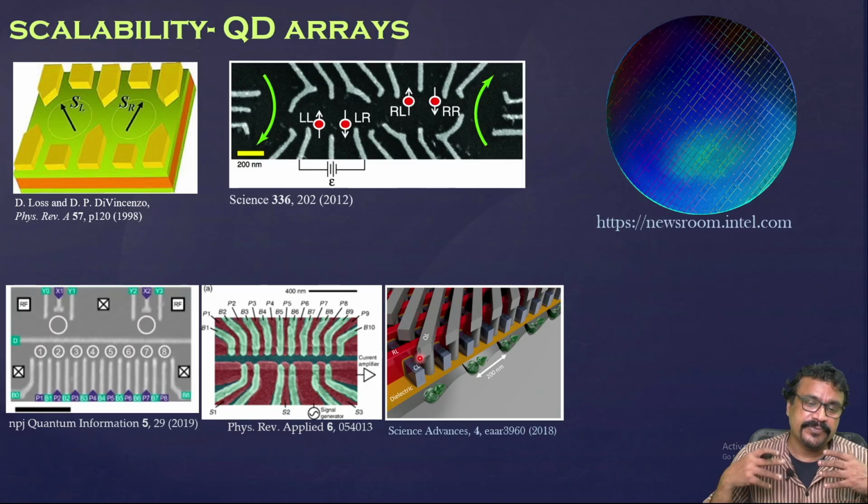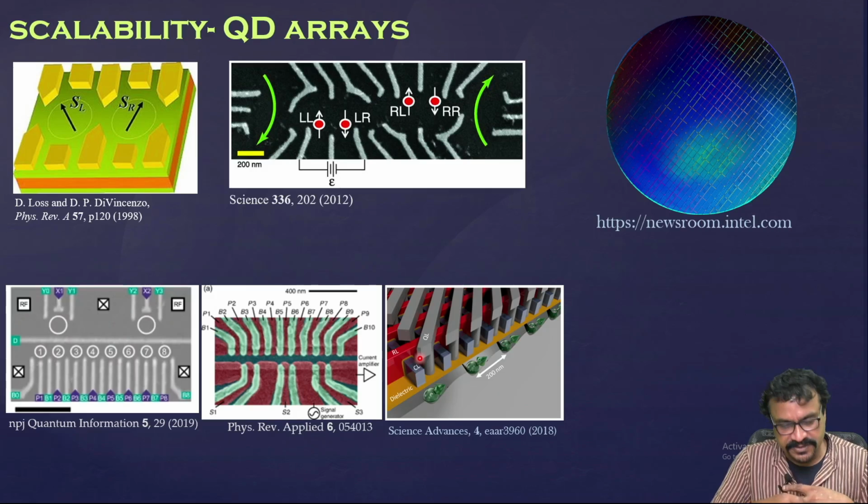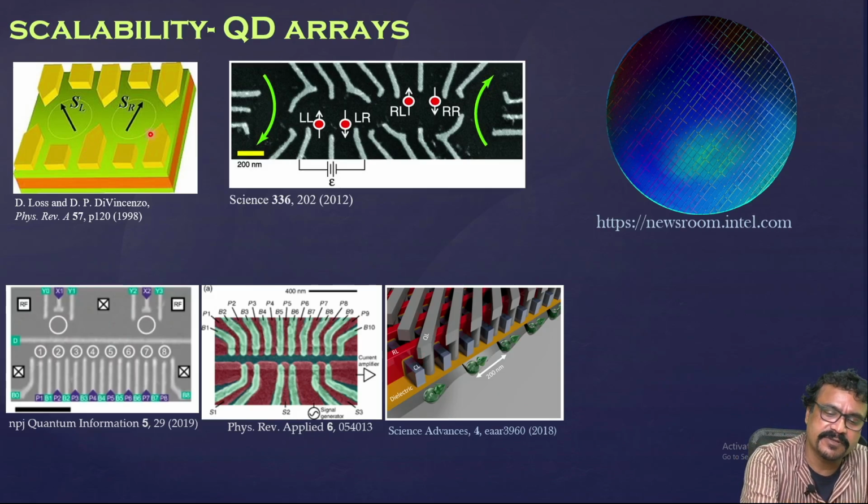Now, scalability. So how do you make large arrays of these qubits? So you start from this concept, you have a few quantum dots, 2 to 3 quantum dots. Then this has now been transformed to an array of quantum dots by gating. You can see various gates are here, a number of gates are here.